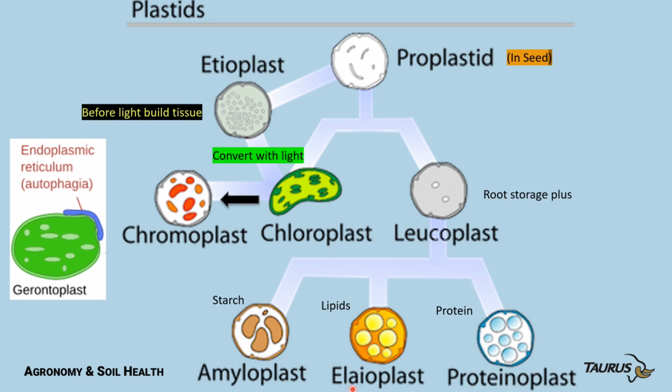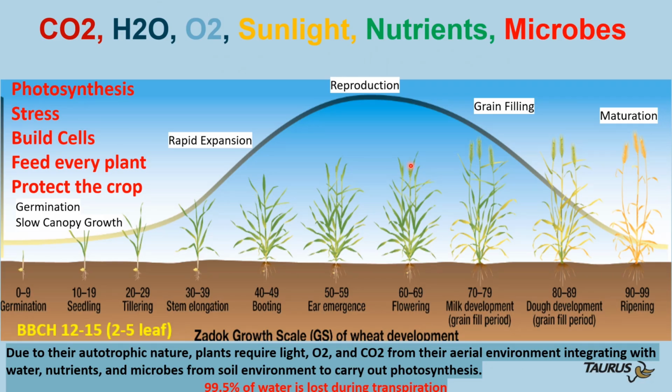The elaioplasts are where plants store lipids, and I'll cover that in canola when we talk about canola, because canola is an oilseed crop. And then we'll look at proteins, which are proteinoplasts in all kinds of plants. So they have different mechanisms of storage of their nutrients depending on what they are storing and how they are making them.